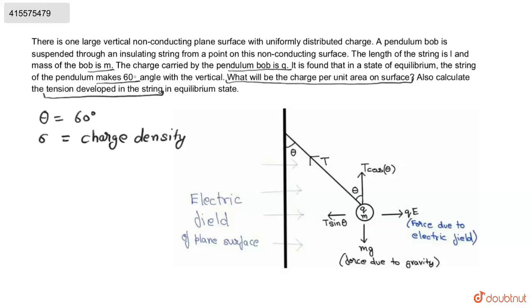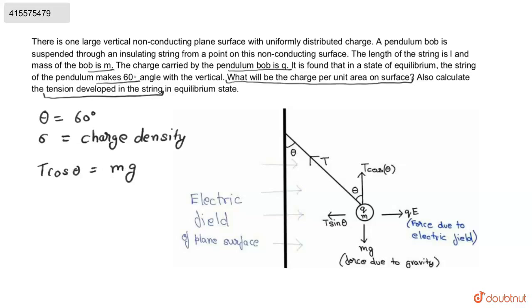There will be three forces acting on the pendulum: the electrical force QE, the gravitational force mg, and the tension T. So we will break the tension force into two components, vertical and horizontal, and then we will equate them to their opposite forces.